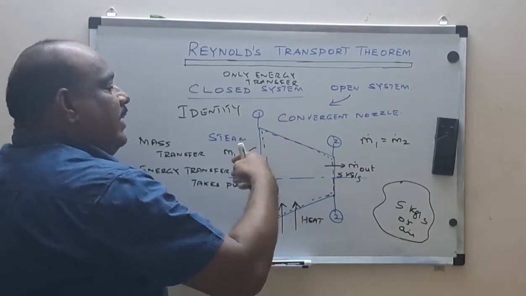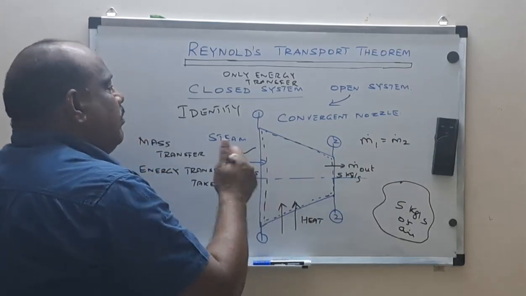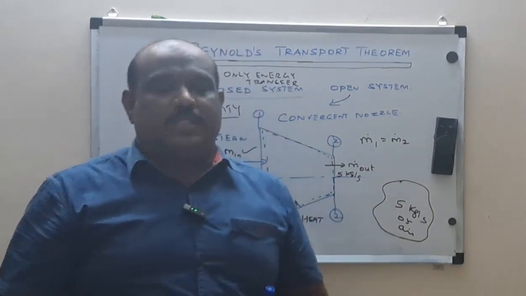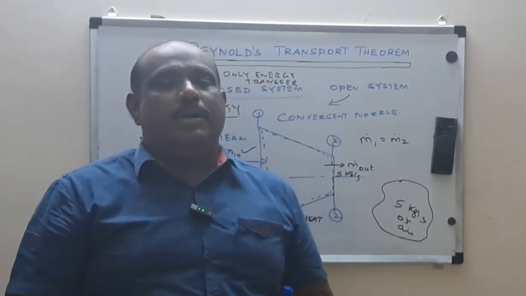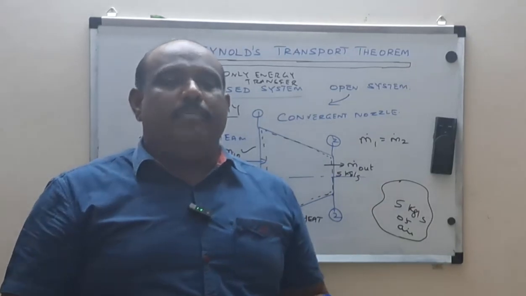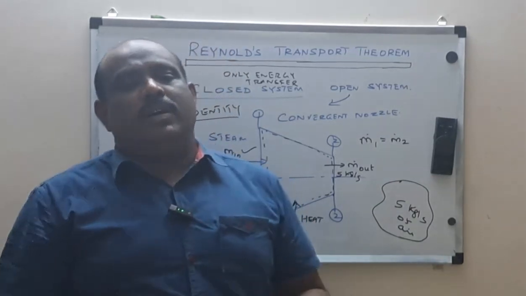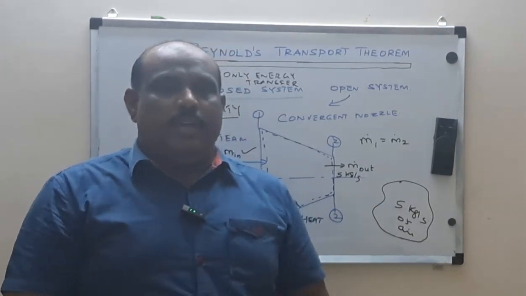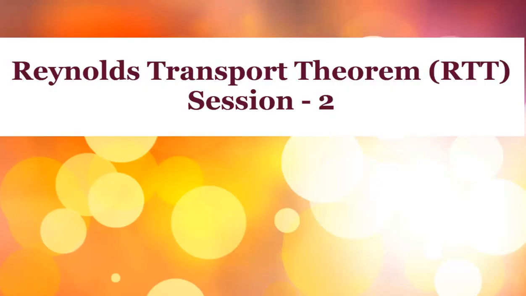This molecule will leave, and some other new air molecule will come. So that term is called identity. In a closed system, the identity is maintained, whereas in an open system, we can't maintain the identity, because even though it's air, different molecules enter and the same amount of mass is leaving. That is the difference between the open system and the closed system. With this, I will continue with the next section.